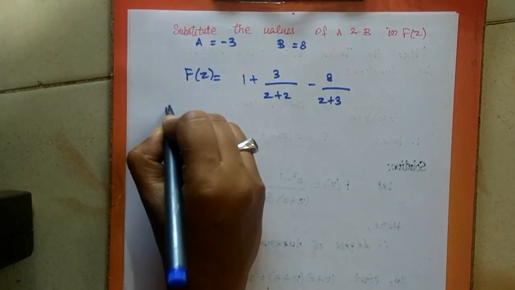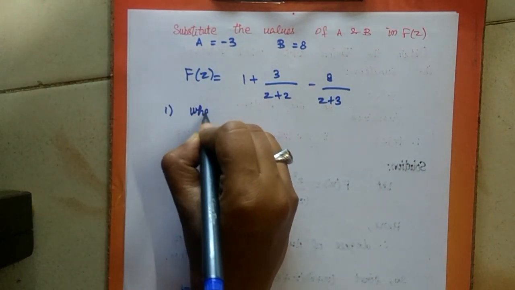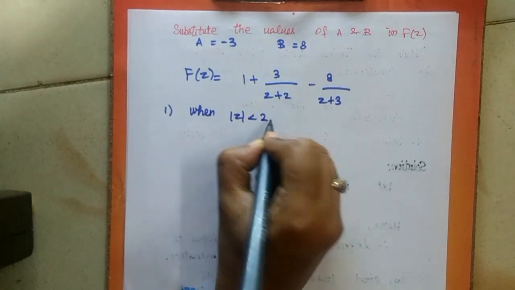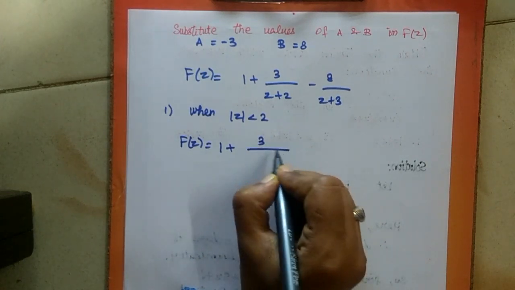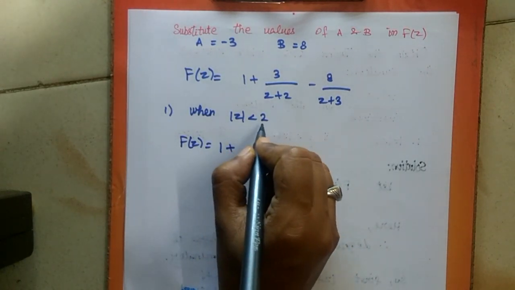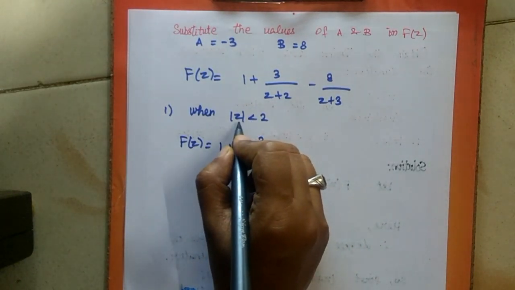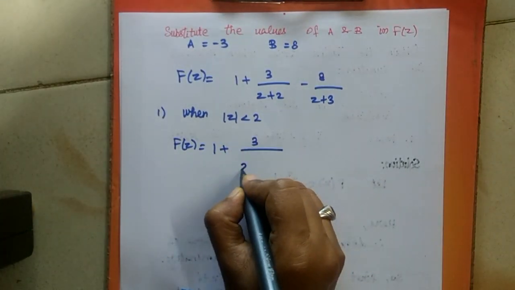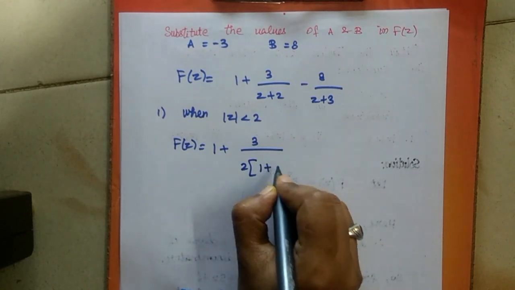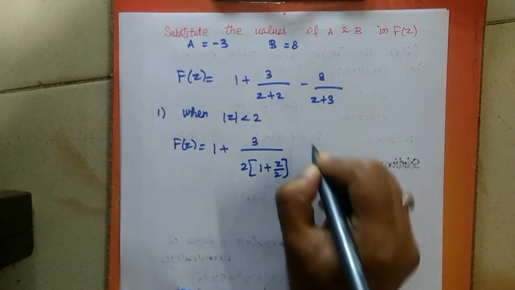Now we have the condition. First condition, when mod z less than 2, f of z equal to 1 plus 3 by z plus 2 minus 8 by z plus 3. Mod z less than 2 means 2 is greater than mod z. So we take common out 2, 1 plus z by 2.